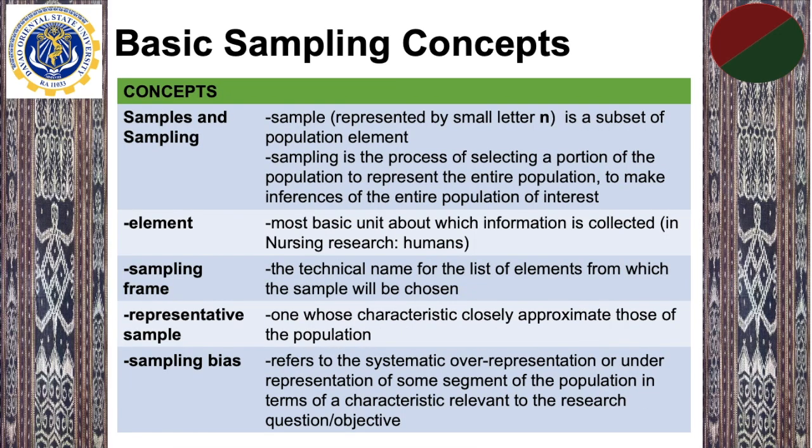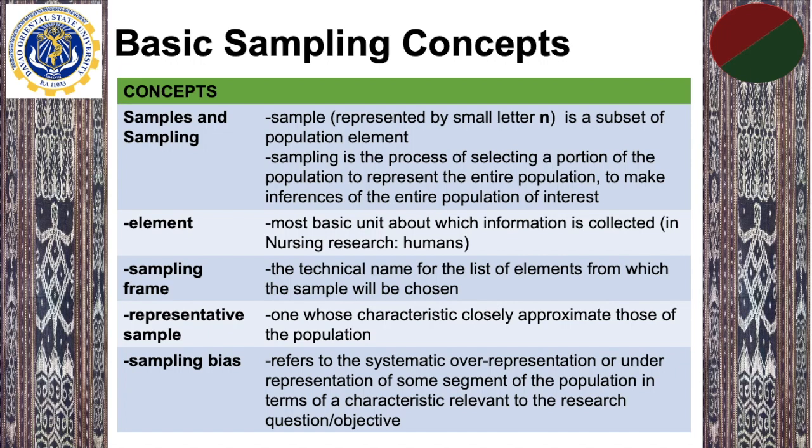Furthermore, we need to define samples and sampling. When we talk of a sample, this refers to a subset of population elements, or a group of elements taken from the population. Whereas sampling is the process of selecting a portion of the population to represent the entire population and to make inferences about the entire population of interest. Element refers to the basic unit about which information is collected.